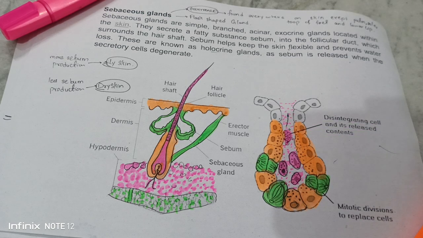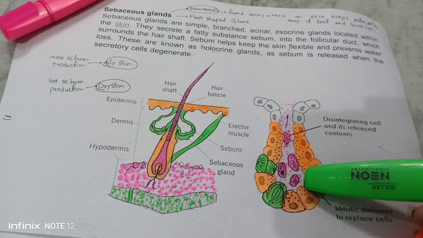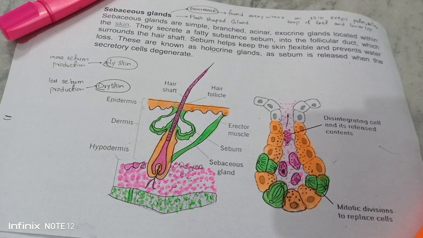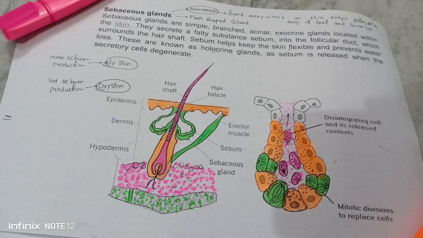You know that in the lumen pink colored cells are also shown. So they not only release their secretions, but they also release their old cells into the secretions, and then these cells move out. All of these old cells are filled with unwanted and waste material.